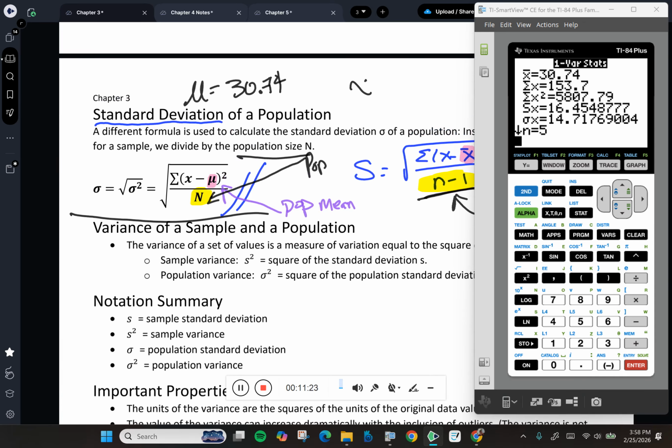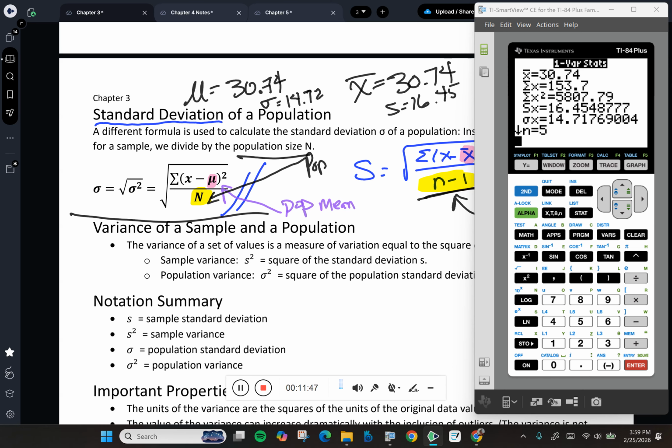And if your data was a sample data set, you would report that as X bar equals 30.74. If your data was population data, then you would just say that the population standard deviation is 14.72. If it was sample data, you would say it's 16.45.